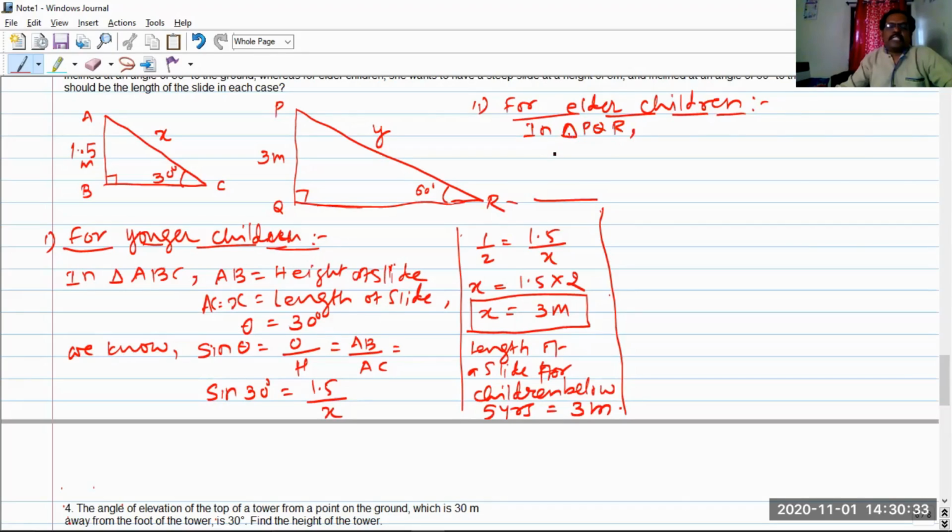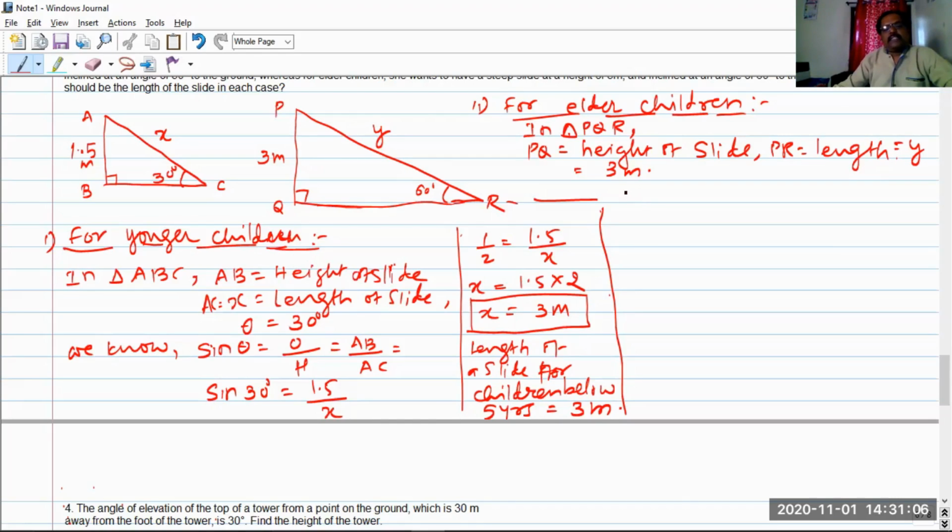PQ is the height of the slide, whereas PR is the length of the same slide. We denote it by y here, and the height of the slide we know is 3 meters. Now we need to find the length of that slide.